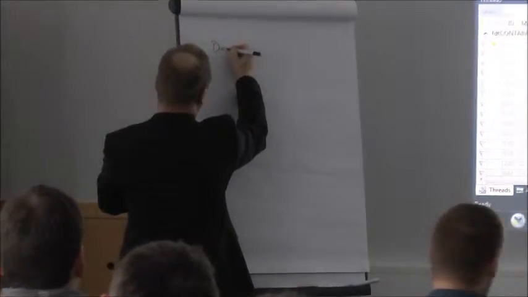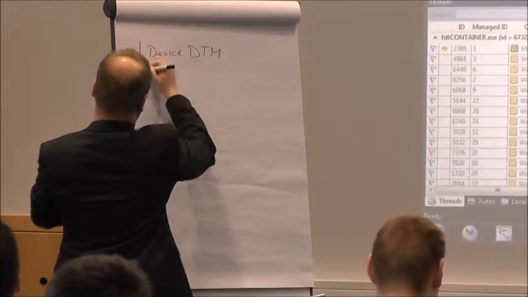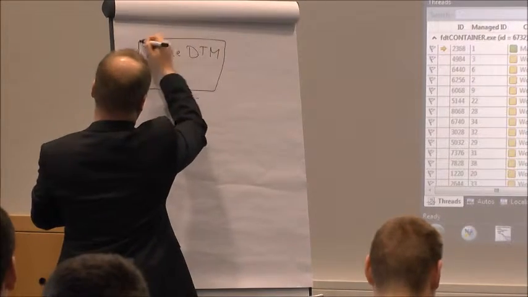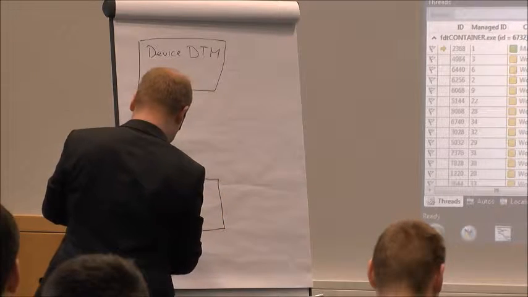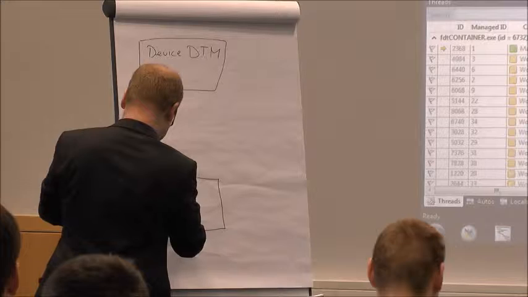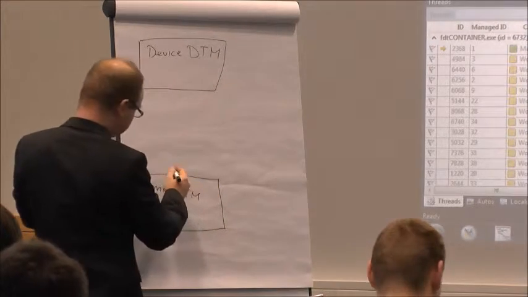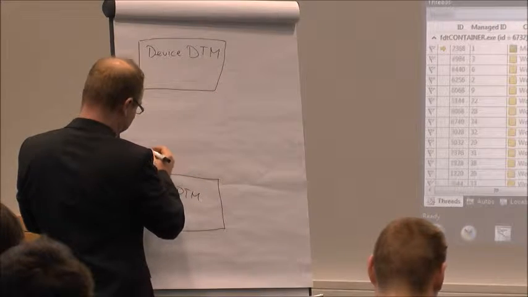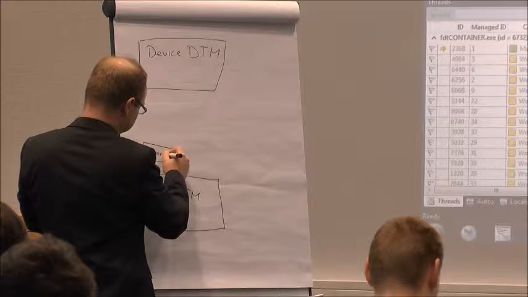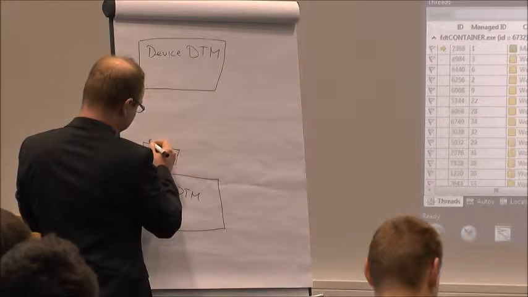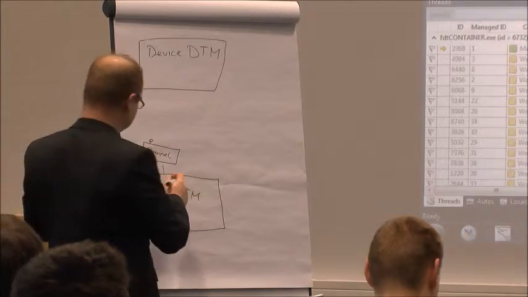So we have the device DTM, and we have the communication DTM. And the ComDTM has the channel object. So this has basically the interface for the communication, the transactions and this stuff.